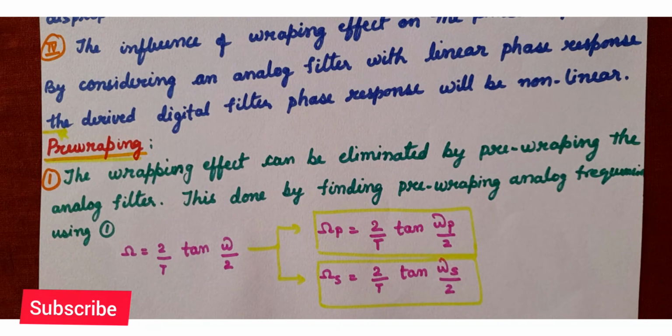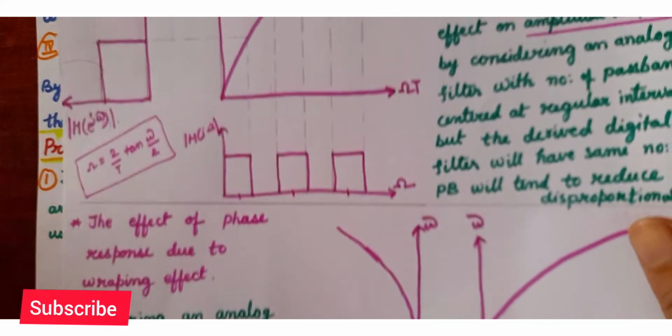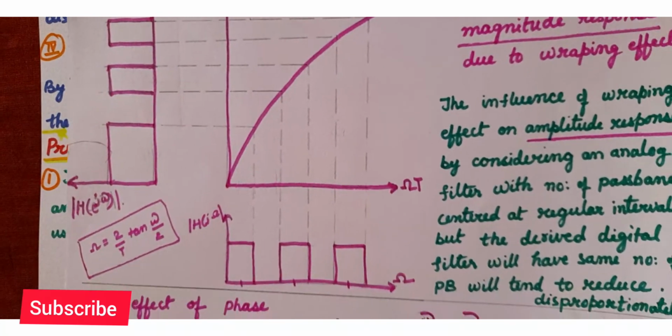So, what is the warping effect? The warping effect is a drawback of the bilinear transformation method while designing an IIR filter. The influence of the warping effect is clearly seen on the amplitude and phase response of the derived digital filter, which you can explain with the help of the graphs we have already seen in the previous class. This is the magnitude plot.